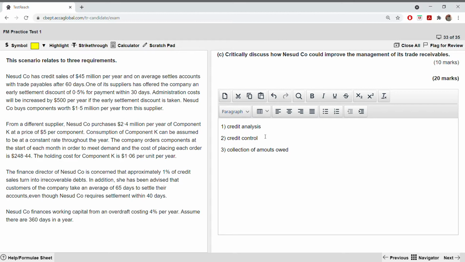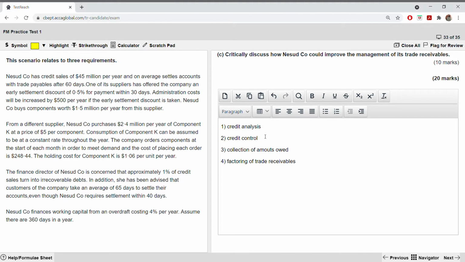Next, factoring of trade receivable, number 4. What is it? Companies outsource, or choose someone to manage the trade receivable. Now you have to give them a commission.